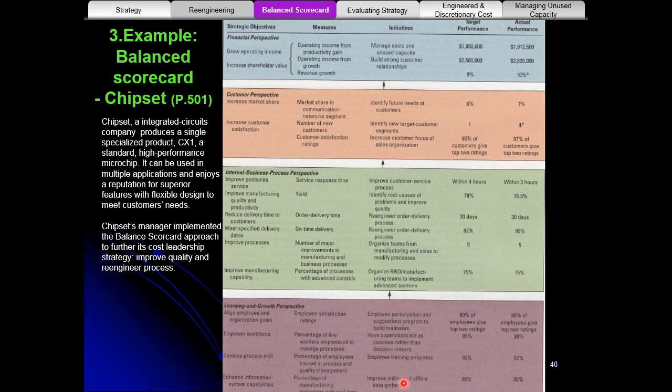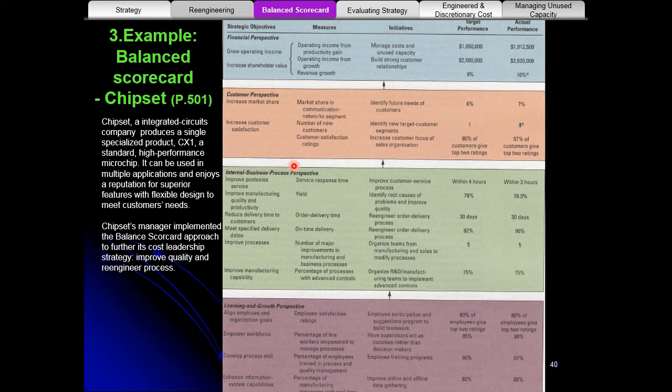But now we want to try and formalize Chipset's strategy in terms of measurement. What you've got in front of you here is an actual scorecard of Chipset, where Chipset has some measures at the financial level, like grow operating income, increase shareholder value. At the customer level, increase market share, increase customer satisfaction.